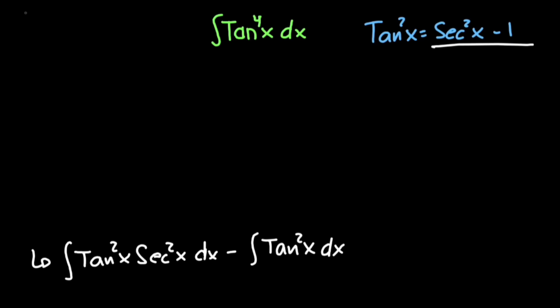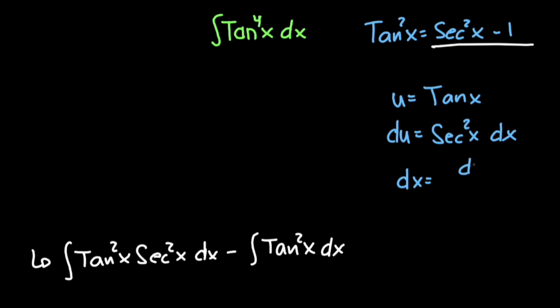So let us focus on the first part of the integral. Let u here be tangent of x. The derivative of tangent of x is secant squared x, and multiply this by dx. So dx right here would be equal to du over secant squared of x. So substitute it.